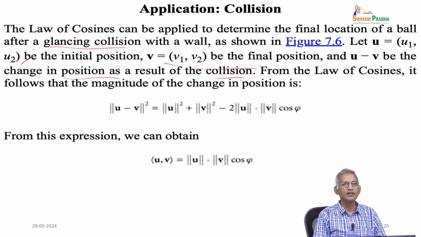According to the law of cosines, we can write norm of U minus V squared is equal to norm U squared plus norm V squared minus 2 norm U into norm V cos phi, which is the expansion. From this expression we obtain the inner product of U and V equal to norm U into norm V cos phi. So, this is the way we can apply the inner product.